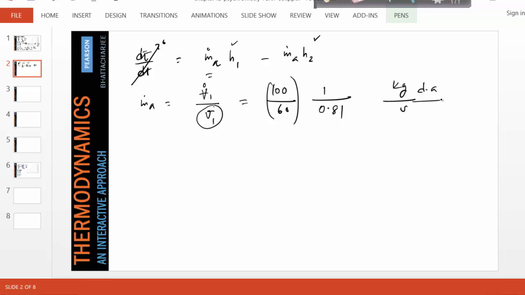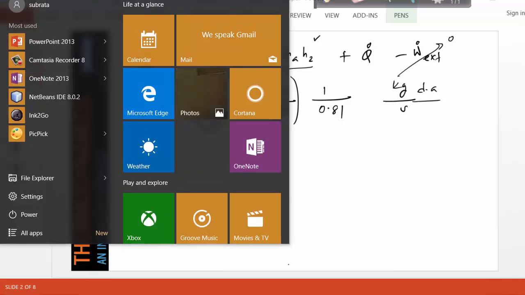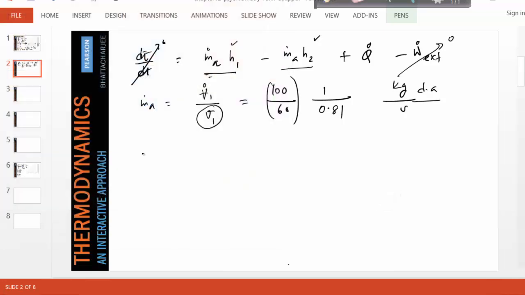So therefore the energy equation is what? This is the energy that goes in by mass, comes out by mass, plus Q dot minus W dot external. So there is no external work involved in this problem. So therefore Q dot, which is given by m dot of air times H2 minus H1, which is 100 divided by 60, 0.81.